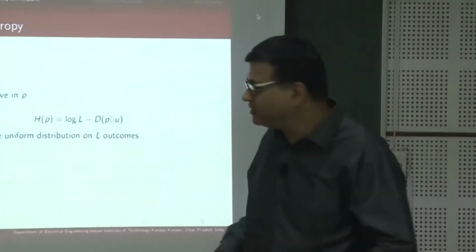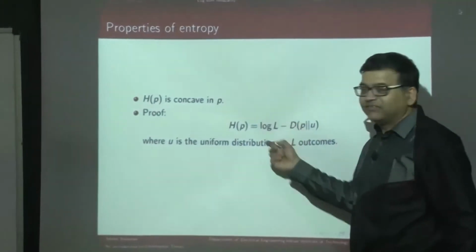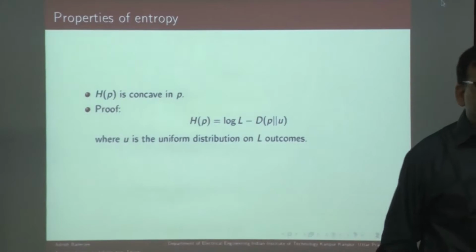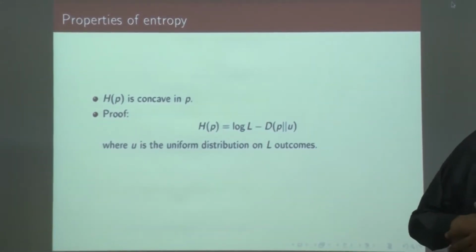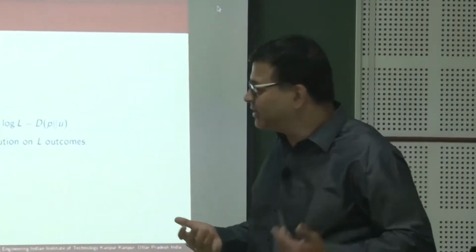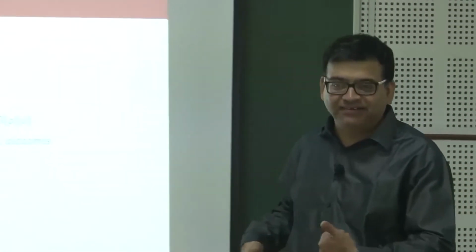That's a concave function, and this is a constant function. So this will be a concave function. You can prove this from scratch also, perfectly fine, but since we already had these results, I just used that. So I have proved that this binary entropy function is a concave function in P.